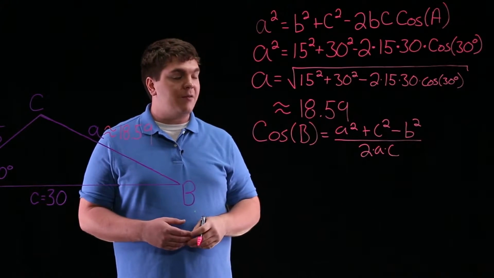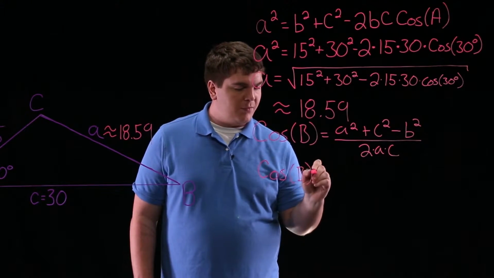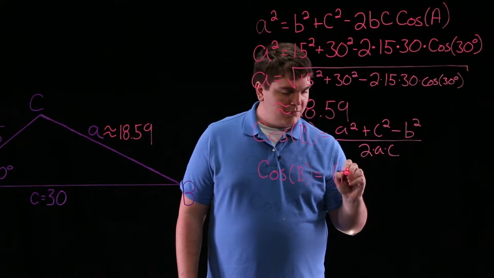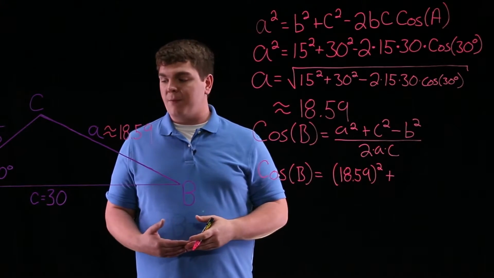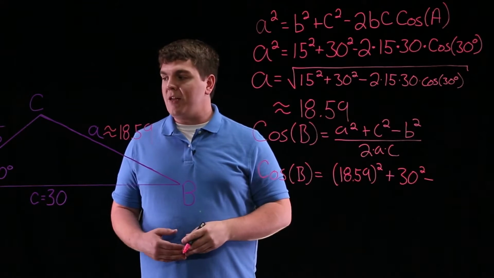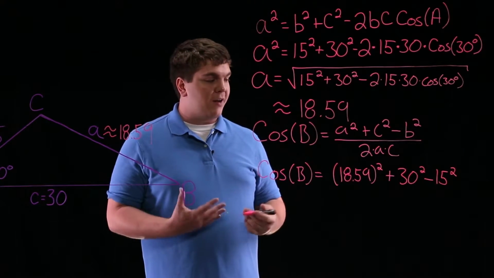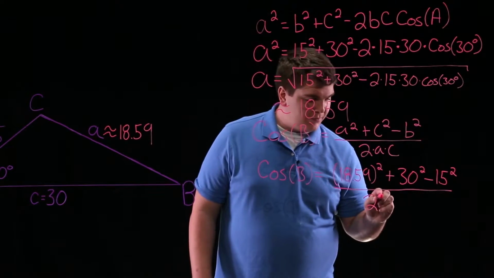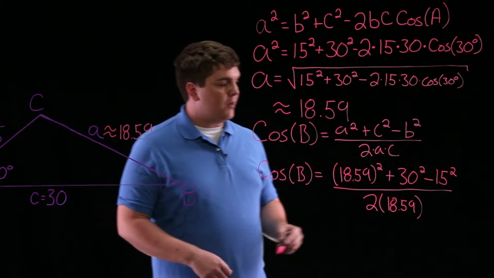Now, substituting our values a, b, and c in, we know that cosine of B is equal to a squared, which is 18.59 squared, plus c squared, which is 30 squared, minus b squared, which is 15 squared, and this is all divided by 2 times a, which was 18.59, times c, which was 30.